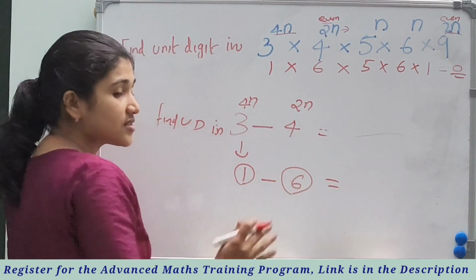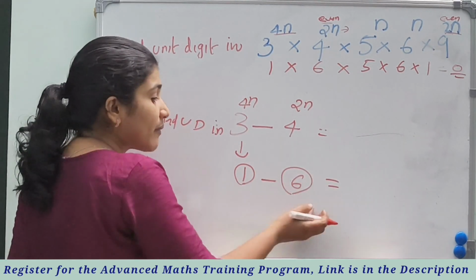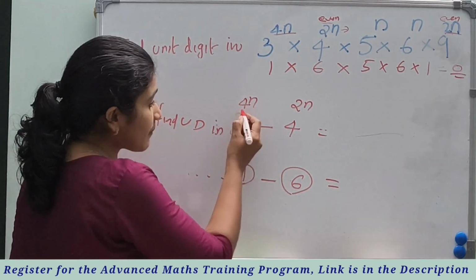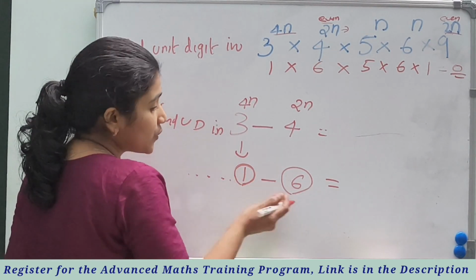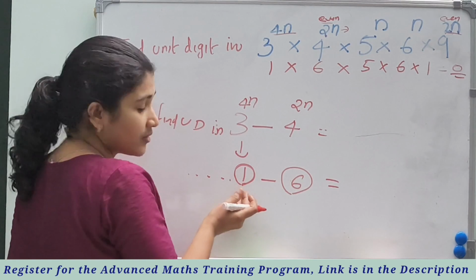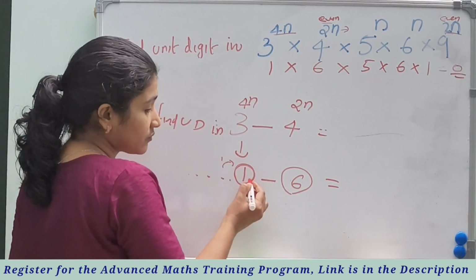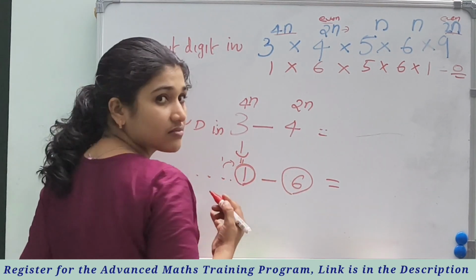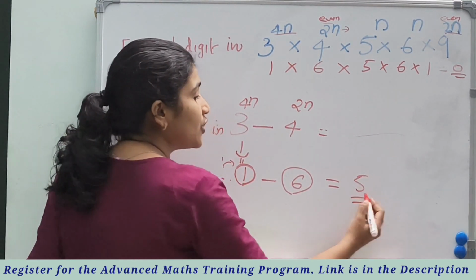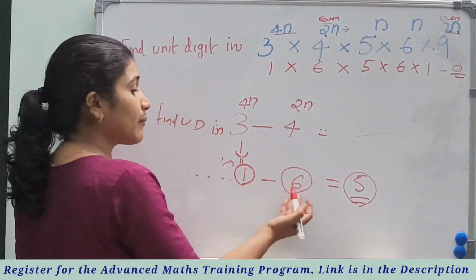So 1 minus 6, we can't write it as minus 5. 1 minus 6 means here we have some number ending with 1. Now to subtract 6 from this one, we have to borrow 1 from here. So this will become 11. So 11 minus 6 is 5, which means the unit digit in this expression is 5.